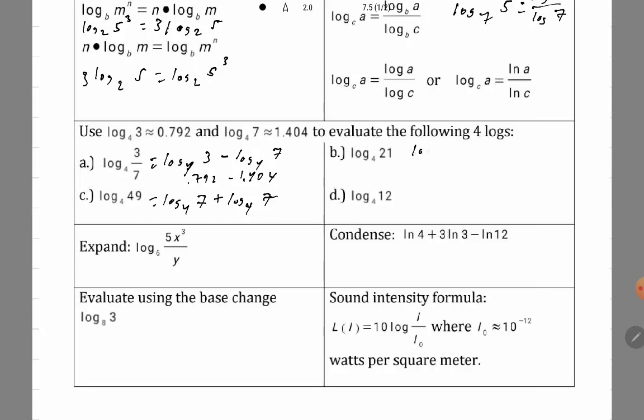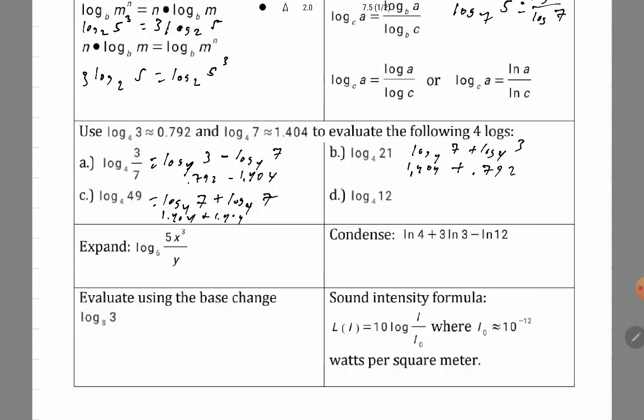This one is the log base 4 of 7 plus the log base 4 of 3. Okay. So once again, this would be 1.404 plus 1.404. This would be 1.404 plus 0.792.